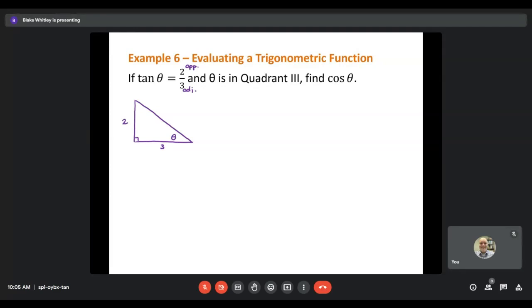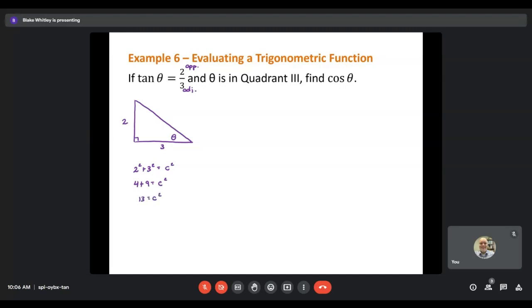And now to find cosine, we need to know the hypotenuse, right? Because cosine is going to be adjacent over hypotenuse. And so I'm going to do 2 squared plus 3 squared equals c squared. Use your Pythagorean theorem. It's going to be 4 plus 9 equals c squared, which is 13.